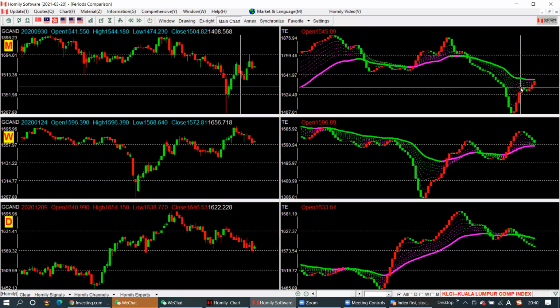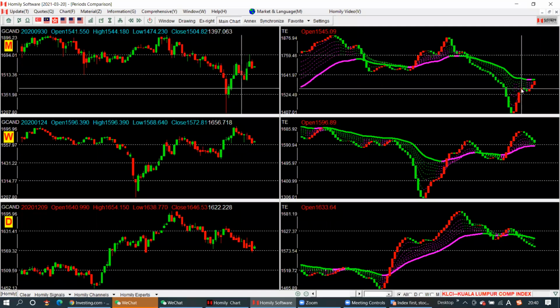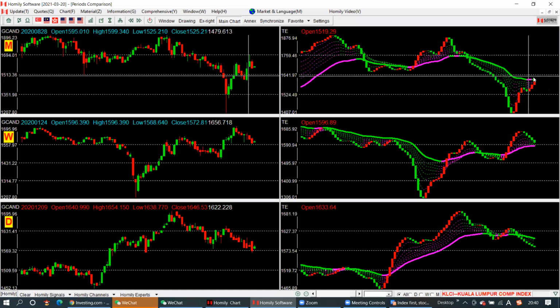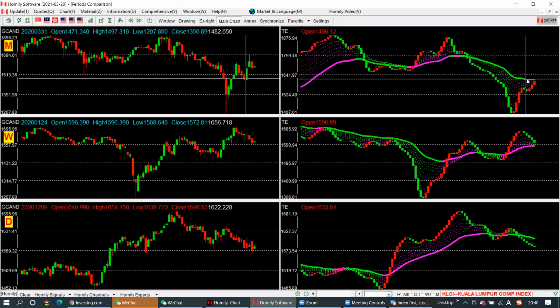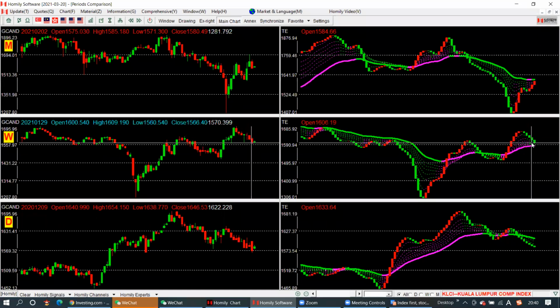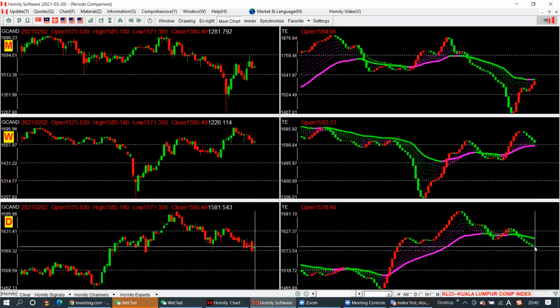So you can see here, what share is this? Oh, KLCI. Okay, KLCI, you see, currently it is still in the green color, so it's always a downtrend. But this one shows some red color for the month. And here is a green color bar, and even here is a green color bar.